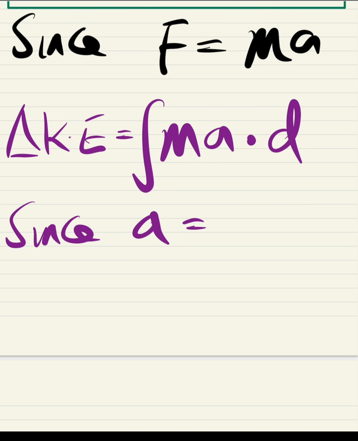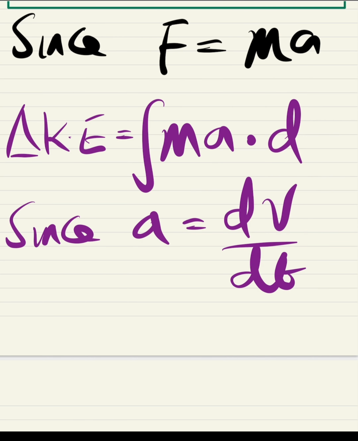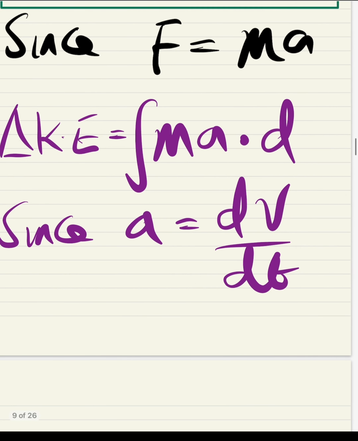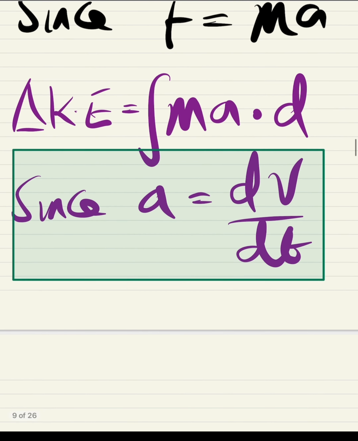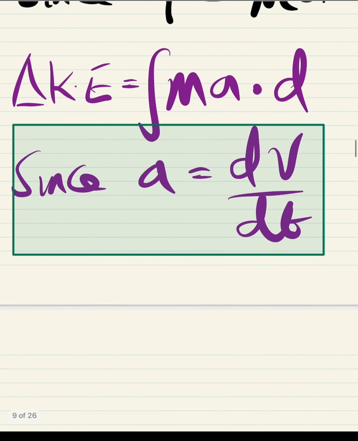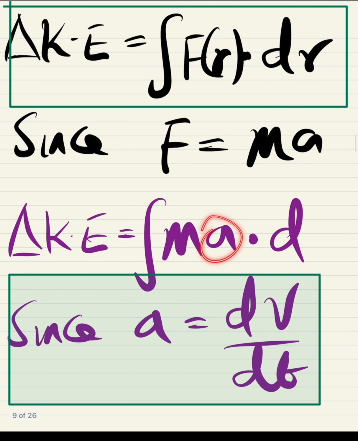The A here can be written as change in velocity over change in time, which is equals to dv over dt, right? So if you substitute that, this is A. So this A you are having here now is what you are going to put in this last expression.